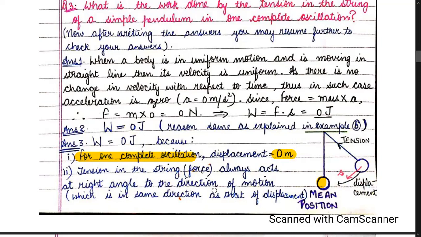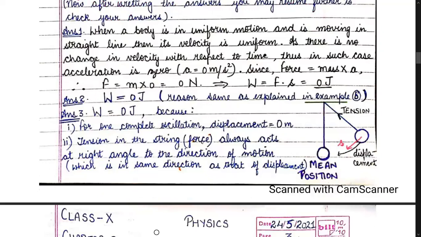And what is the second reason? Children see, tension in the string, that is force. See, I have drawn a diagram also for your clarity. Tension always acts in an upward direction, while the displacement, when the bob of the pendulum was in extreme position, is always towards the mean position.